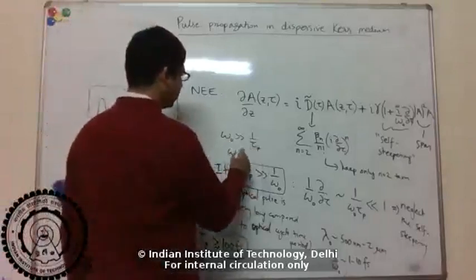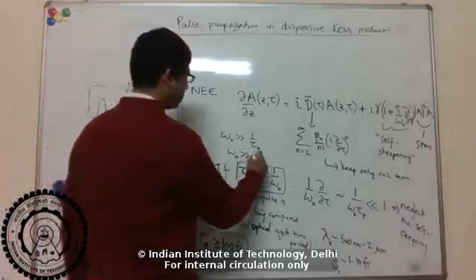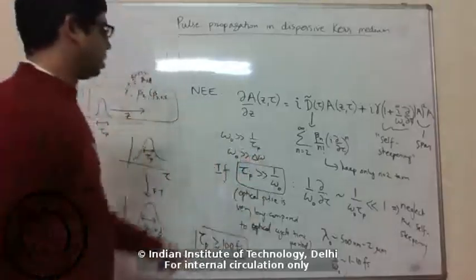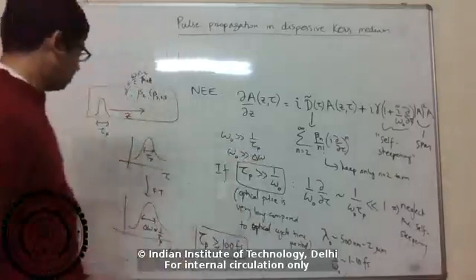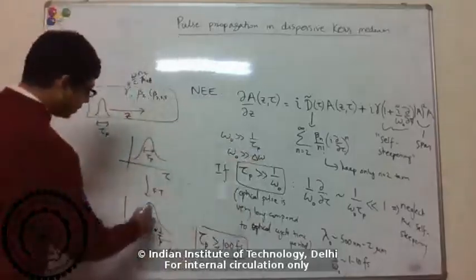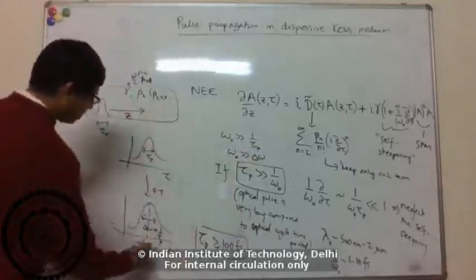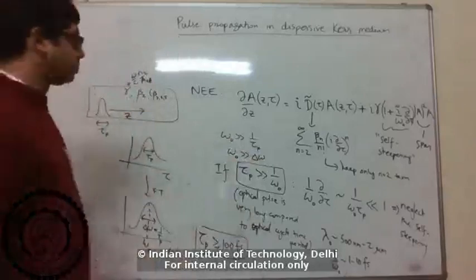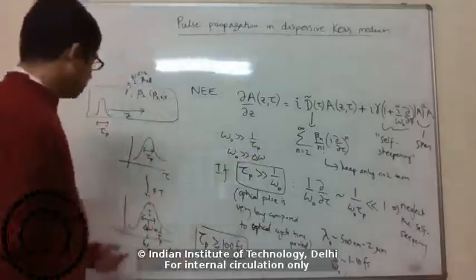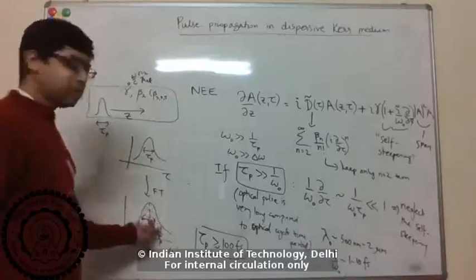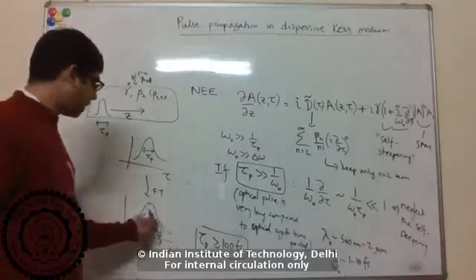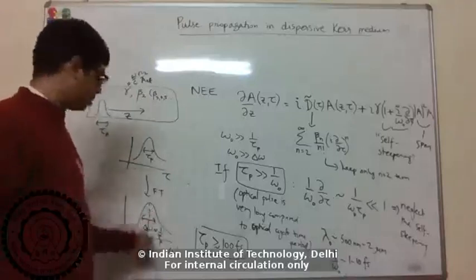So here we are saying that the carrier frequency omega naught is much bigger than the bandwidth. That is what is called a narrow band pulse, because the spread in frequency is much smaller than the center frequency.